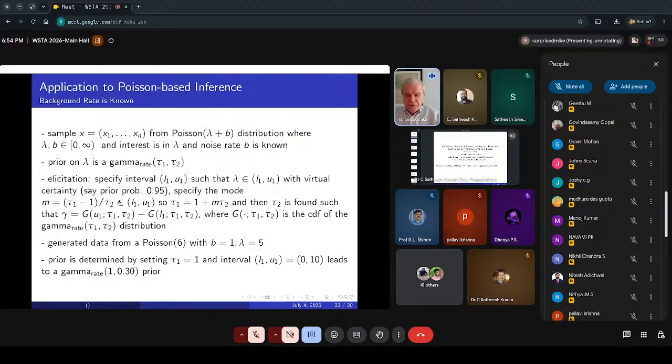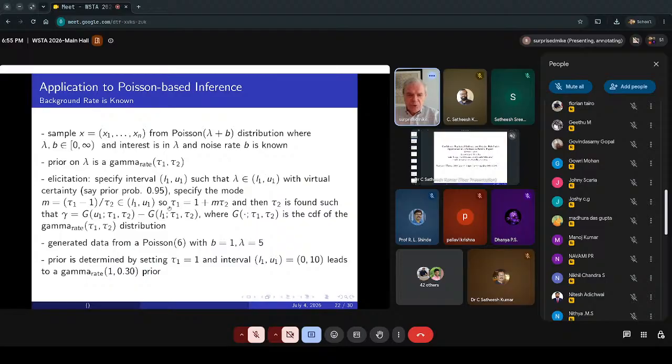Well, the mode for a gamma is equal to this formula here. And so for these two hyperparameters, tau1 is equal to 1 plus the mode times tau2. And tau2 is found such that this interval for the gamma distribution contains that probability.